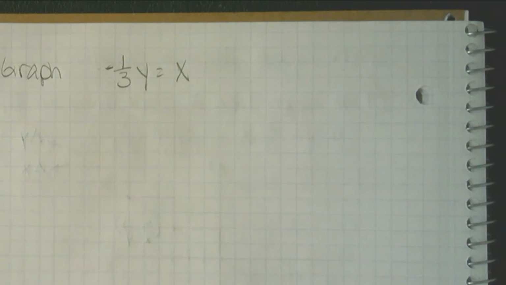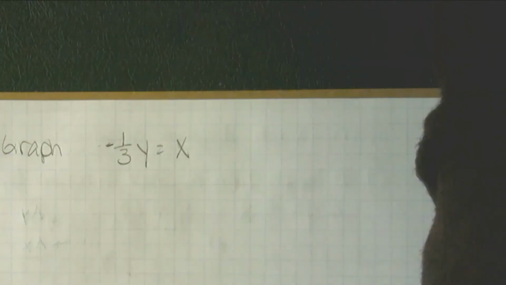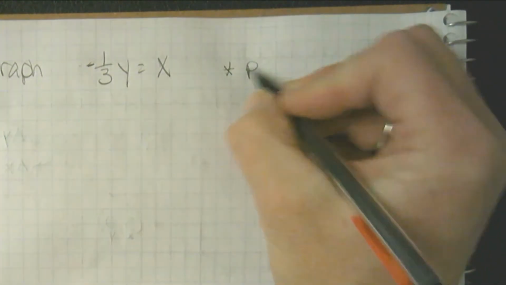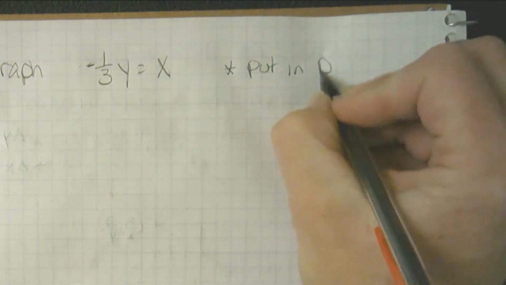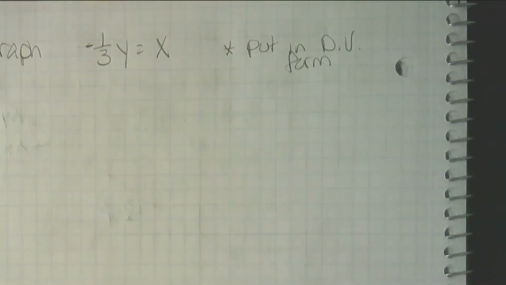So graph negative 1/3 y equals x. So my first tip is put in direct variation form or slope-intercept form. Those two are the same process.